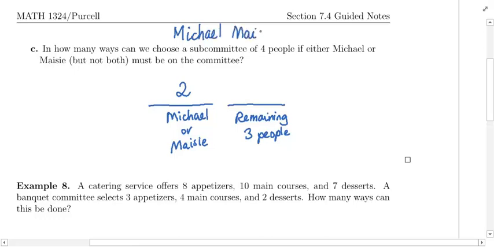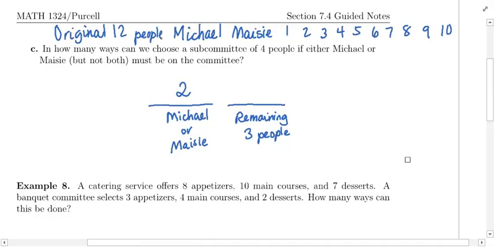So is Maisie. And then we have these 10 other people. I'm just calling them with numbers here because I don't know their names. That's the original 12 people: Michael and Maisie and then 10 other people.